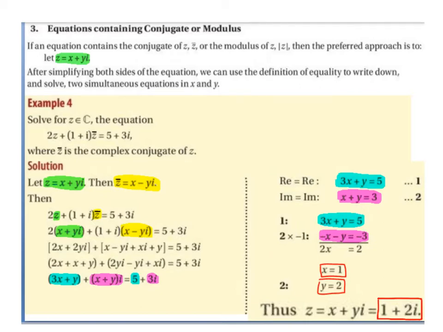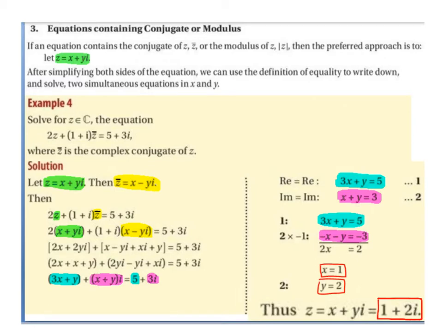So our solution is, let z be equal to x plus yi, then the conjugate of z is x minus yi. So we're going to write out our equation, 2z plus 1 plus i conjugate of z equals 5 plus 3i. We're going to swap the z for x plus yi and swap the conjugate of z for x minus yi.